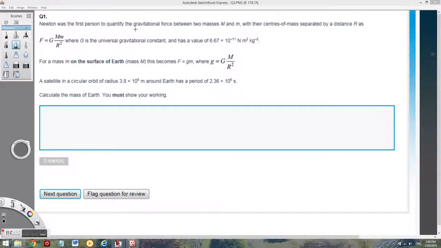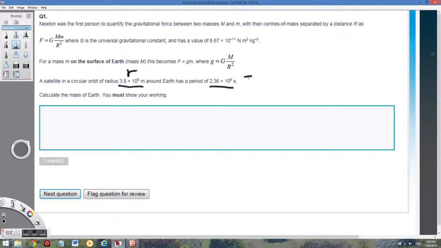Now let's do this question. We have a satellite. We know the radius and we know the period. We need to find the mass of the Earth. Look at your formulas.